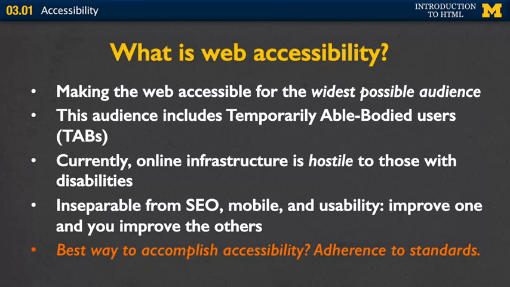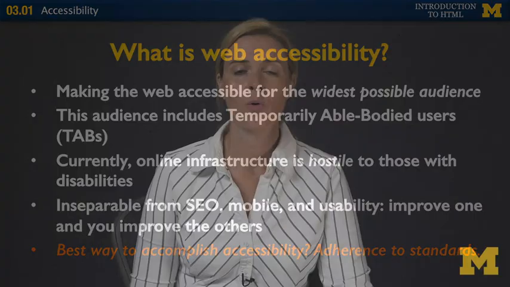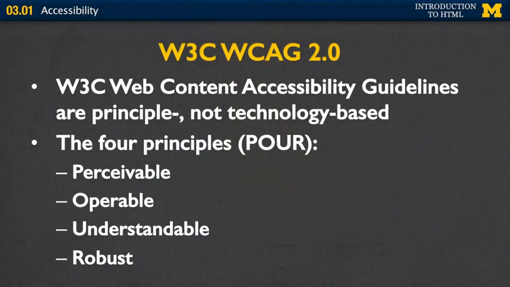So what's the best way to accomplish accessibility? It's adherence to standards. As you start now, you're at the very beginning of your web career. It's the perfect time for you to learn the best possible tags and the best possible ways to make your page accessible. These standards are going to come from the W3C Web Content Accessibility Guidelines. These are called WCAG.